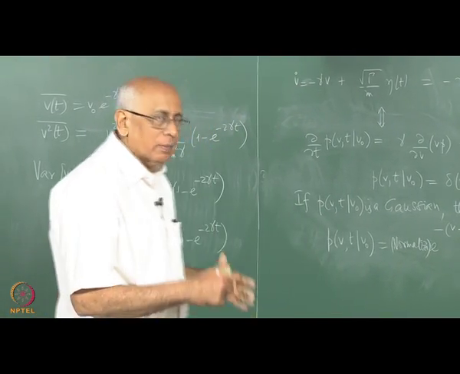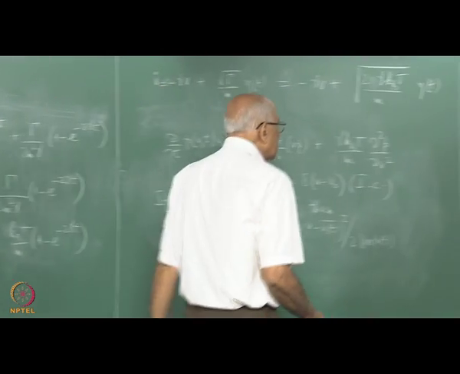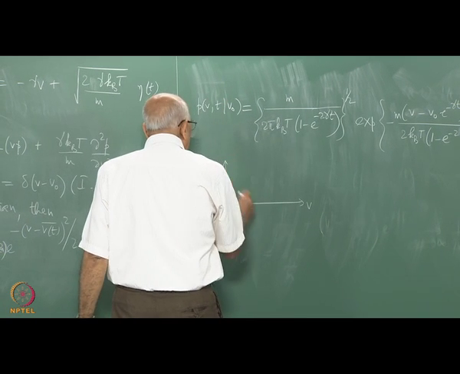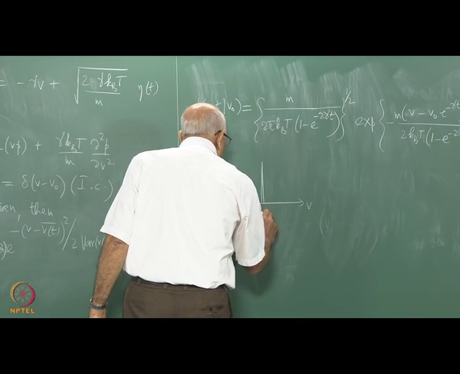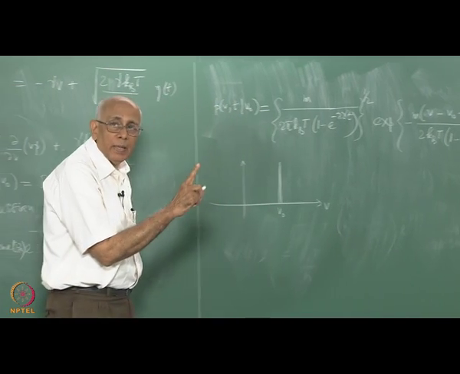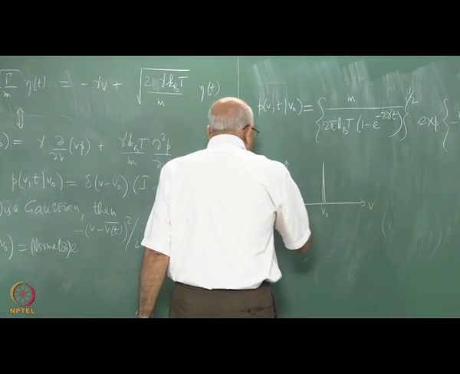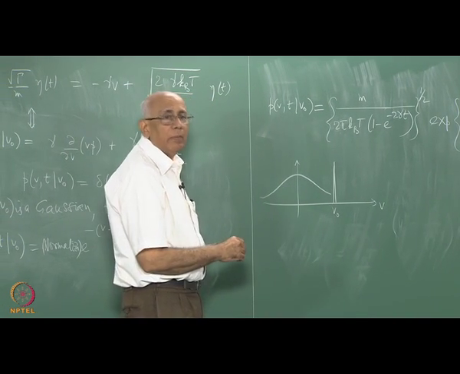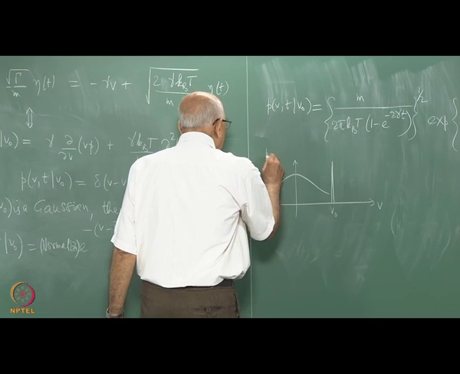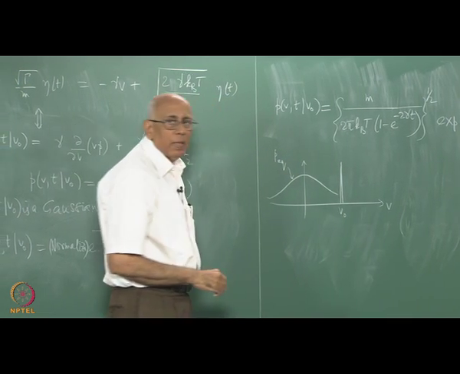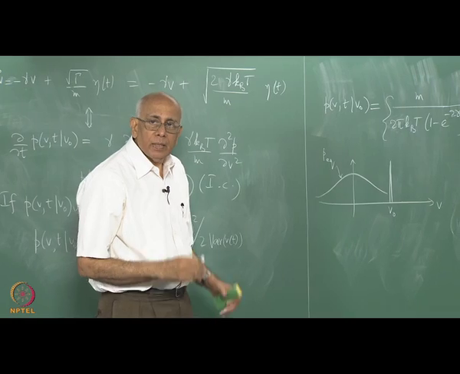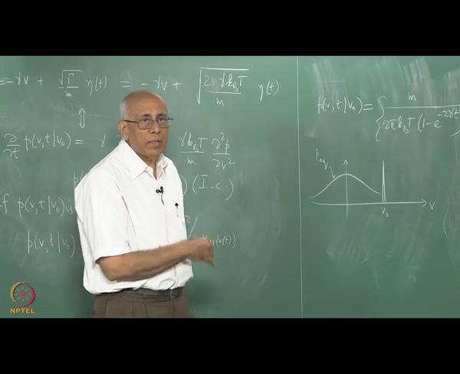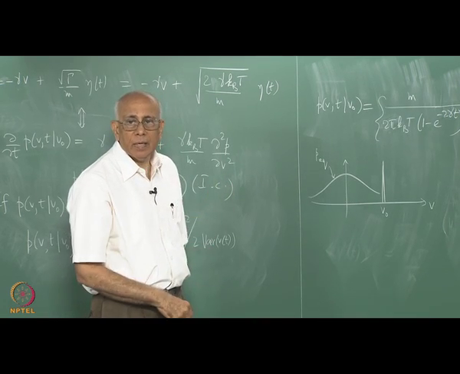becomes a Gaussian. So in pictures what it does is the following. If I plot v here, then initially it is a spike at v equal to v naught, a delta function spike, and asymptotically it is a Gaussian, the equilibrium distribution in velocity, and as time increases, the mean value, which is also the peak in this case, shifts gradually to the left like v naught e to the minus gamma t.